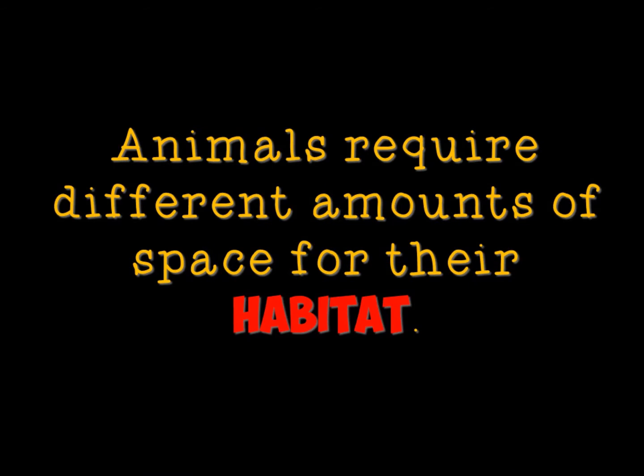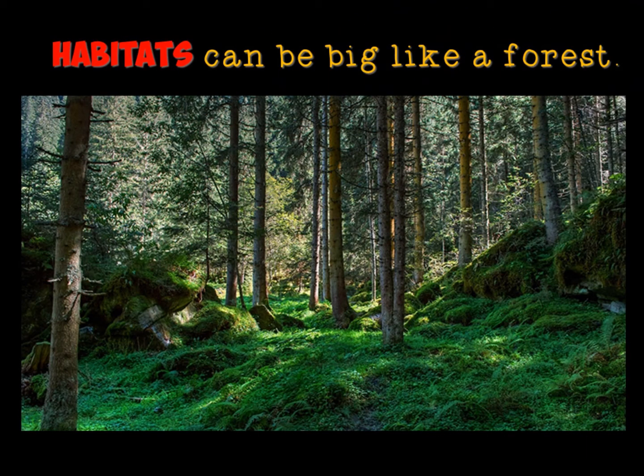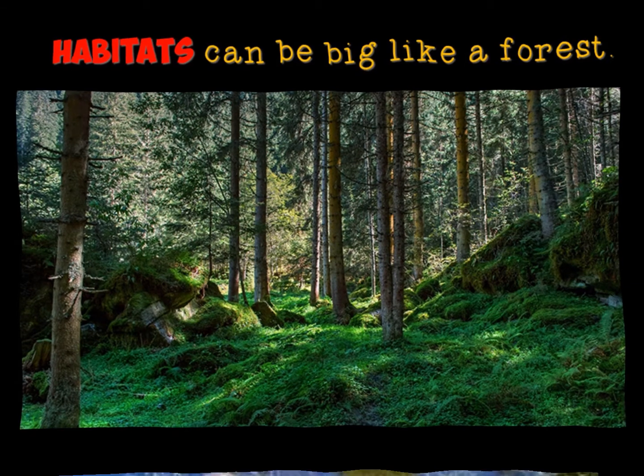So what are the different types of habitats? Okay, all animals require different amounts of space for their habitats. In this picture, a habitat can be as big as a forest. So some animals consider the forest their home, and a forest is a lot of space.